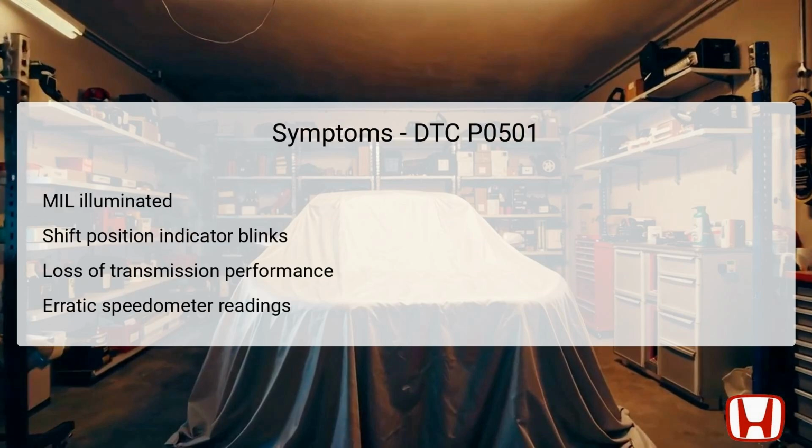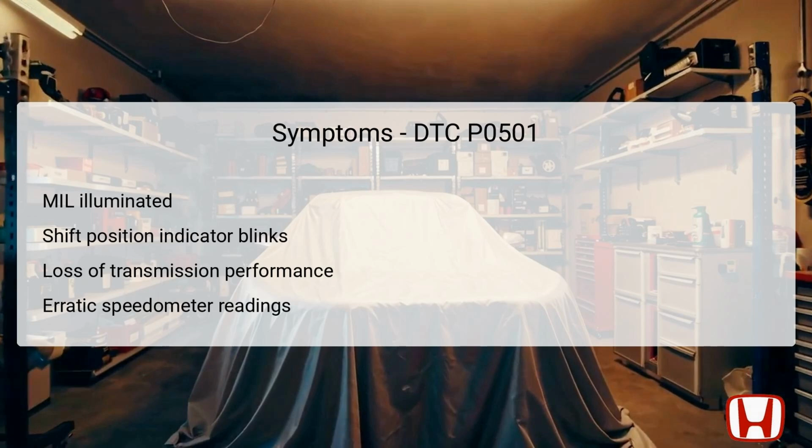The symptoms associated with DTC P0501 can significantly impact vehicle performance, making it crucial to recognize them early. A primary indicator is the illumination of the malfunction indicator lamp, commonly known as the MIL, which alerts the driver to a potential issue within the vehicle's systems. Alongside this, the shift position indicator may blink, signaling a malfunction with the transmission system.